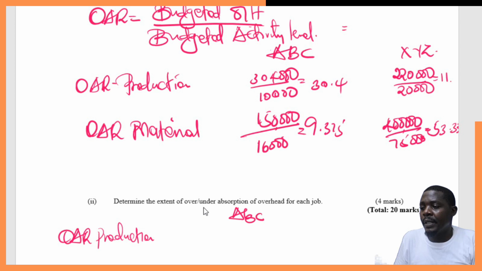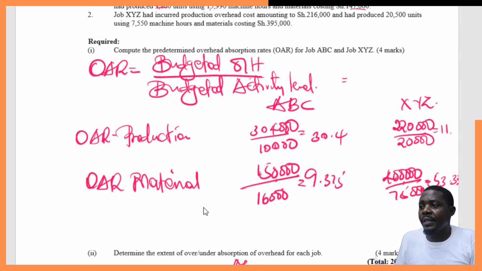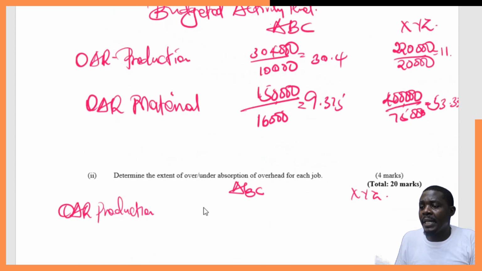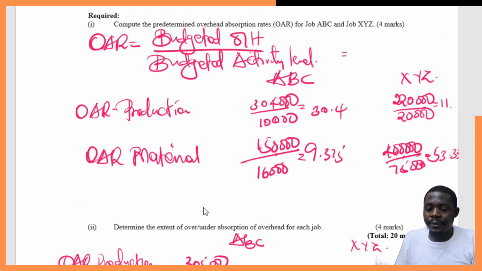At this point, we are having 305,000 divided by 9,800, then this side we are going to have 21,600. We are dividing by 2,500.